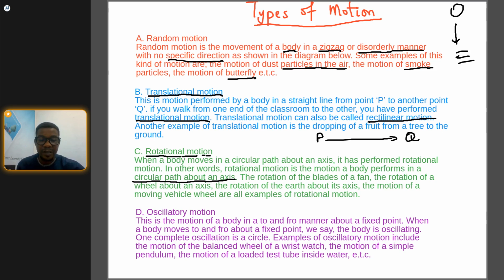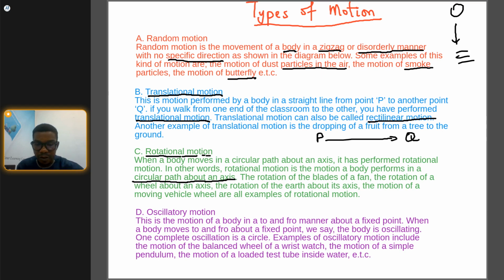And I cited an example earlier of the motion that deals with the fan. The fans move in a circular path about a particular axis. So that motion is said to be rotational. Take note, for rotational motion, it has to be about the axis.